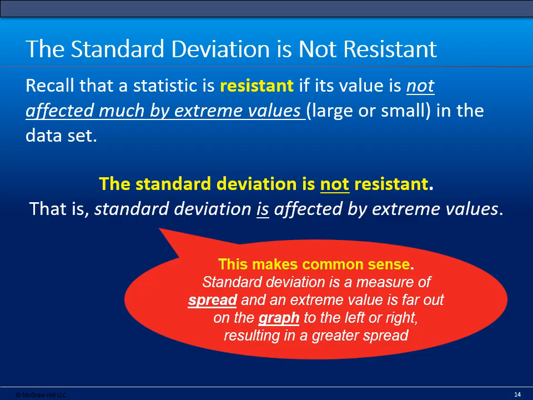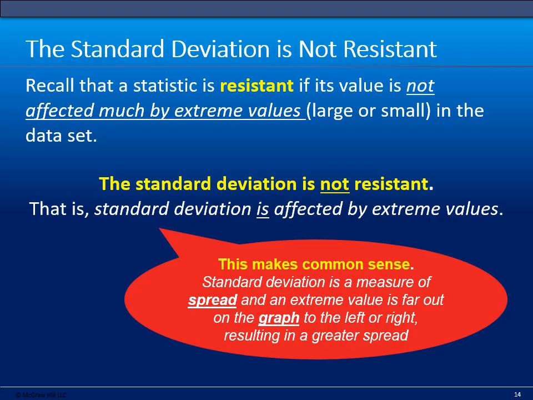Because standard deviation is this idea of variance. And so if you have really large or really small values, you have a greater variance because your data is more spread out.